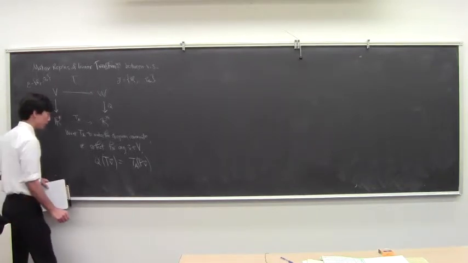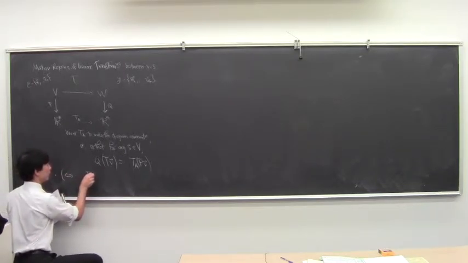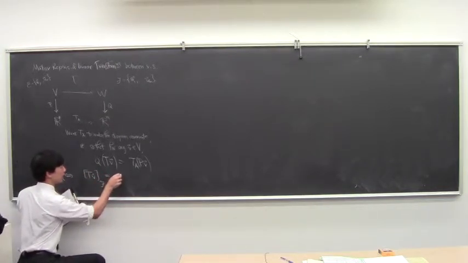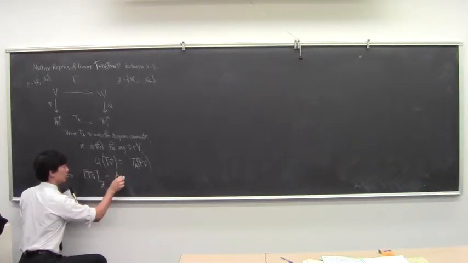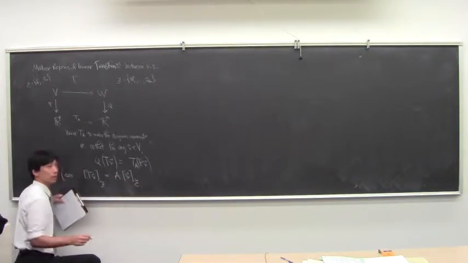Using the coordinate map notation, this says the coordinate vector with respect to the F basis of T V is the same thing as A times the coordinate vector of V with respect to the E basis.